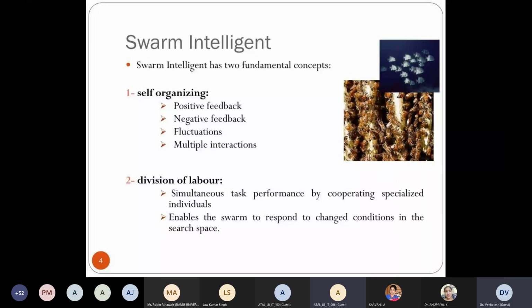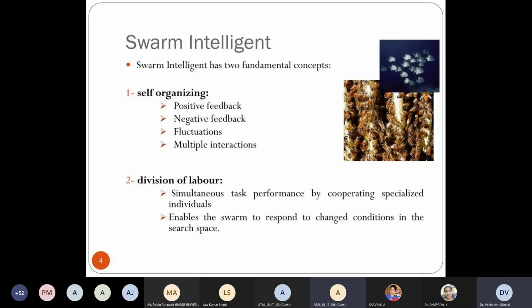One advantage of swarm intelligence is that it is self-organizing, and self-organizing means it has these features. One is positive feedback, meaning whatever information or food sources they are associated with or extracting, they will try to maintain the feedback related to that, whether it is positive feedback or negative feedback.